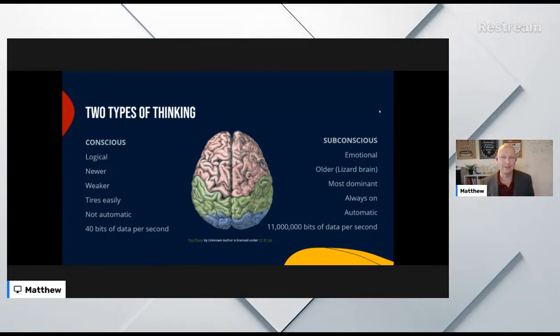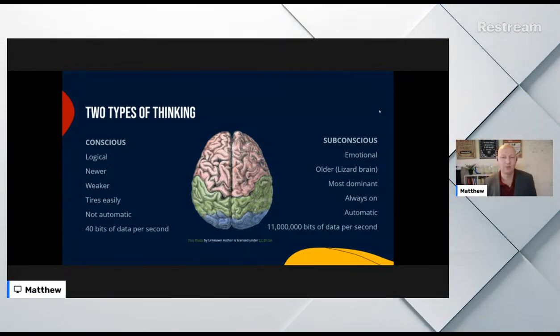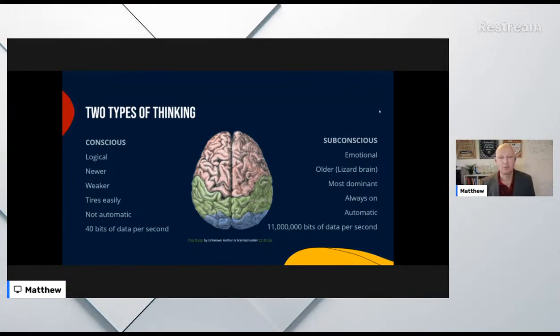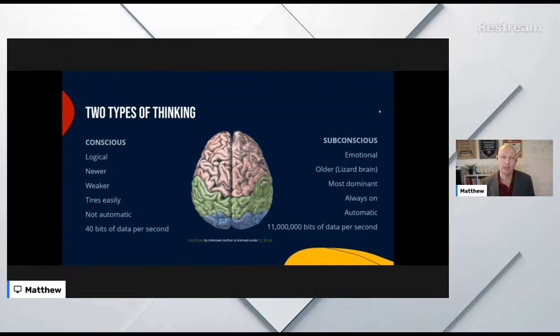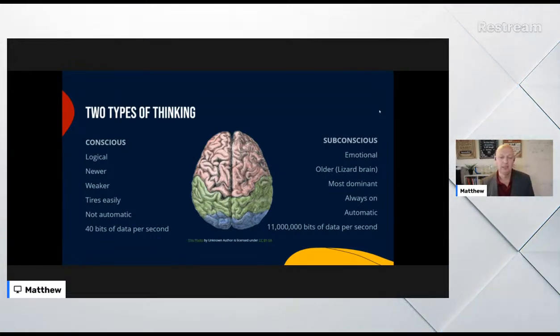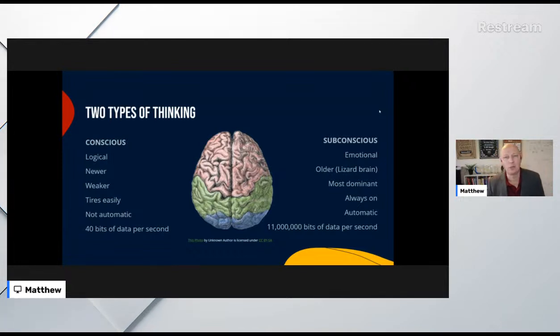And while we might look at things and tell ourselves that we've made a logical decision as to why we did a certain thing, the reality is that 95% of those choices are subconscious, made by the emotional brain, made by the older lizard brain, which is more dominant, always on. Okay. And so by using visuals, we're actually able to tap into that emotional lizard brain a lot better.